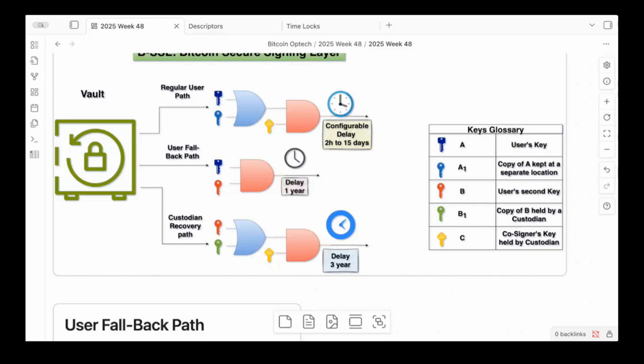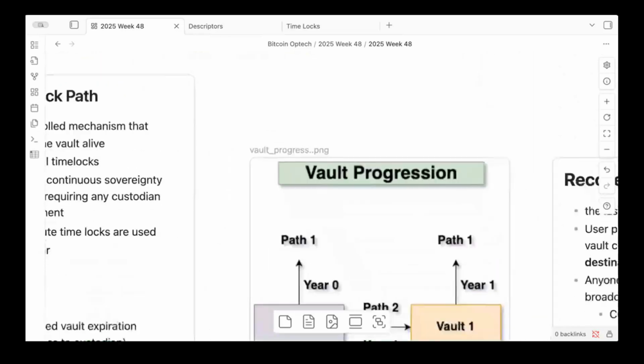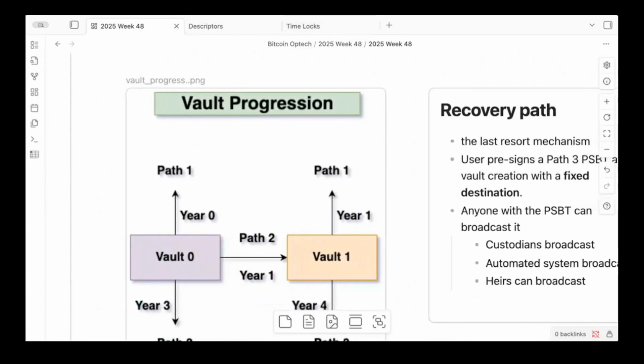If you go to your regular wallet, the change will be received in a regular SegWit script. That shouldn't happen for your wallet. The change should be received into another vaulting script which has the same construction. So that is what is called vault progression. So you move funds, either the whole fund or the remaining change of it, you keep moving into vaults.